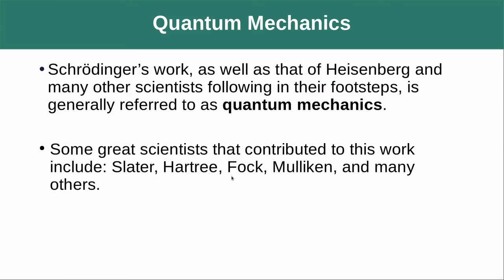There was a guy named Hartree who developed a method for both calculating those orbitals and figuring out some of their energies. Fock worked on Hartree's stuff to perfect it a little bit more. Mulliken did a lot of really interesting work. He was working well up into, I believe, the 60s on spin-spin coupling and a few other things, more complex electron-electron interactions. And there are still many people who are working in this field today.